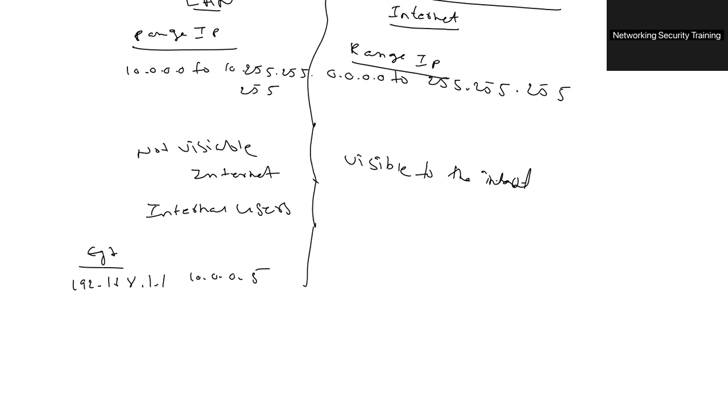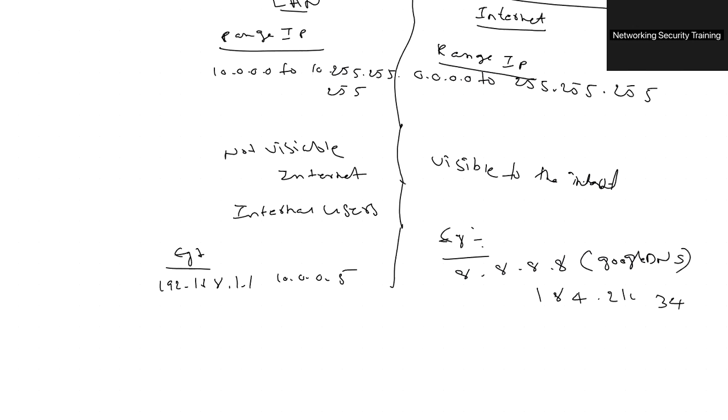And for public, for example, 8.8.8.8 is a global DNS, and 184.216.34 is another. These are private and public IP addresses.